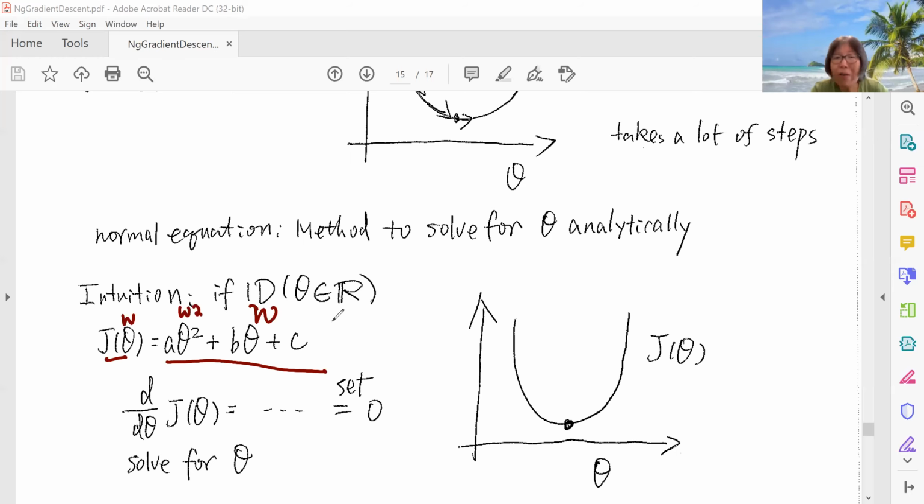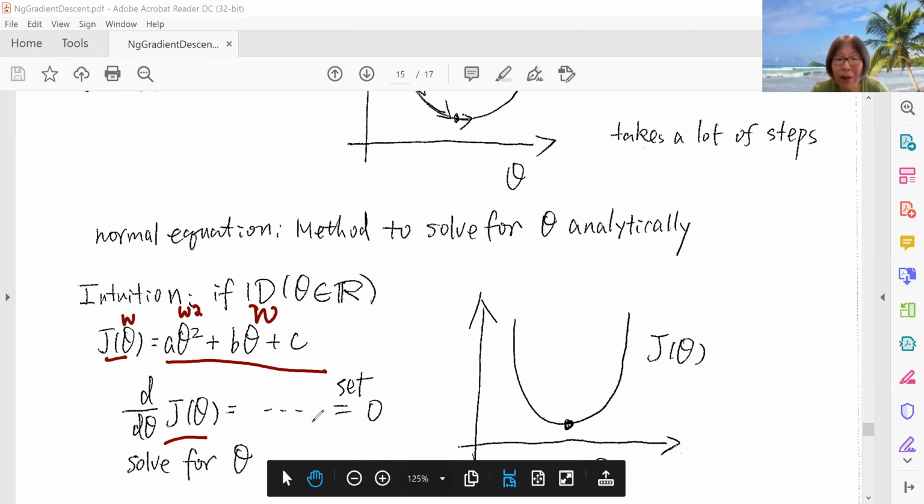From math, you know how to find the minimum value of a function: we take a derivative and set it to 0, and then solve this equation.